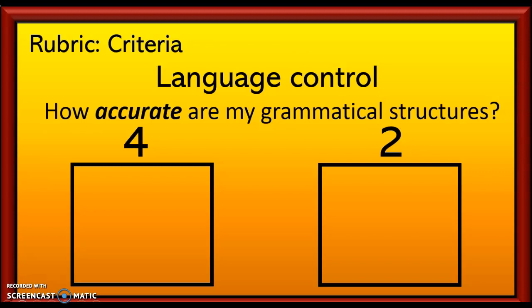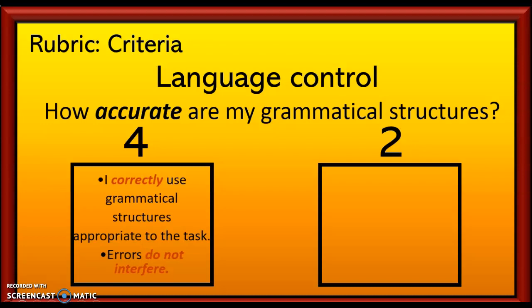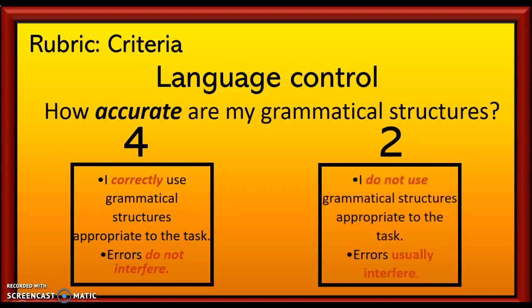Language control is your grammar. So how accurate are my grammatical structures? I correctly use grammatical structures appropriate to the task, and errors do not interfere. So the grammatical structures that you use don't prohibit me from being able to understand what you're writing about. And then a lower score on that would be I do not use grammatical structures appropriate to the task, and errors usually interfere.